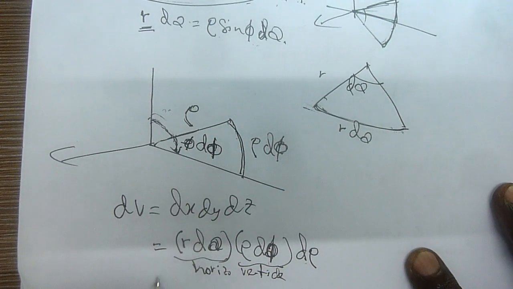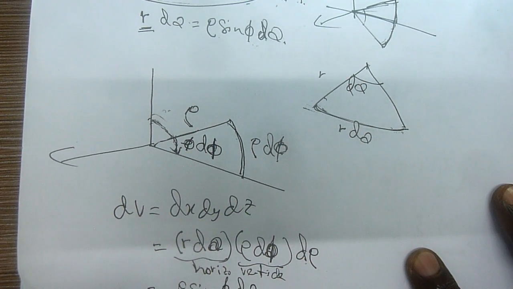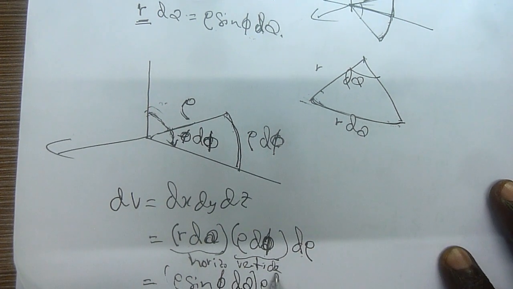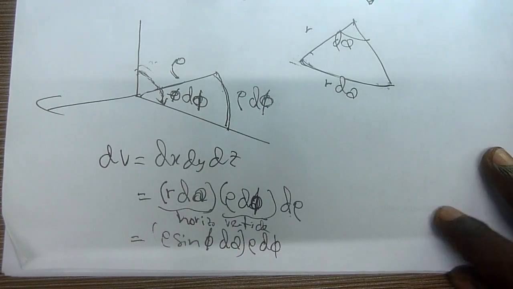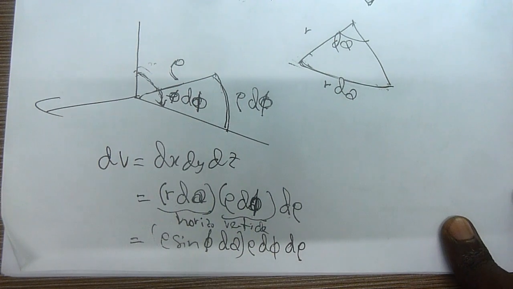Therefore r, we know basically, r is rho sine phi d theta, rho again, d phi, d rho.